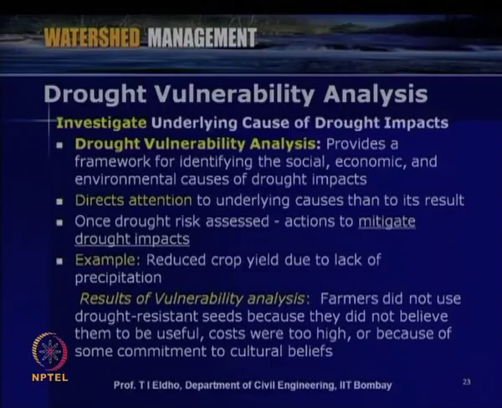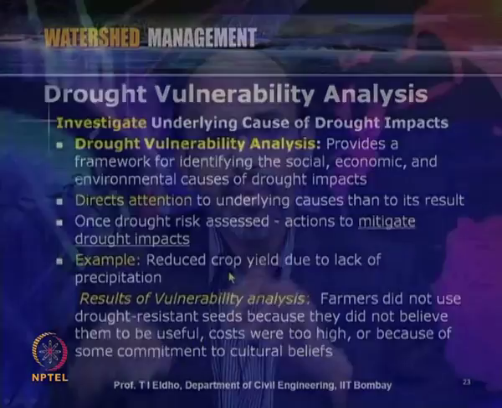Once drought risk is assessed, we can look at action to mitigate the drought impacts. For example, reduced crop yield due to lack of precipitation. Then the results of vulnerability analysis may show that the farmers did not use drought resistant seeds because they did not believe them to be useful, or costs were too high, or because of some commitment to cultural beliefs.